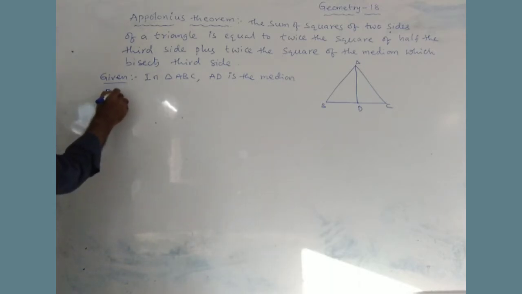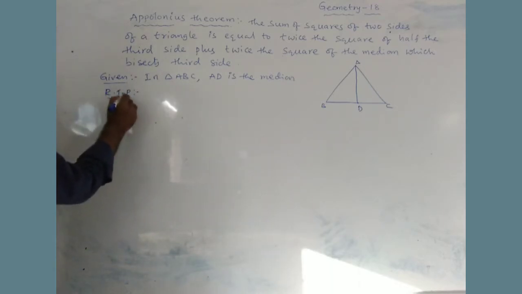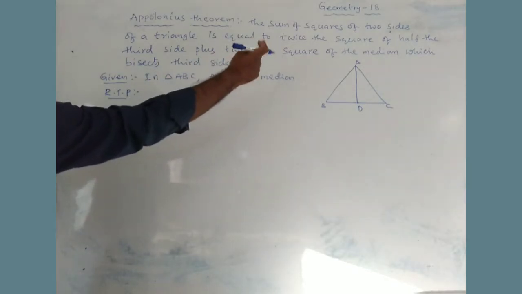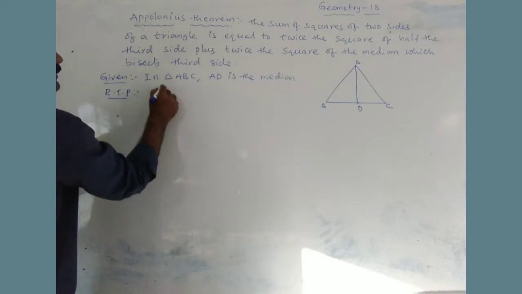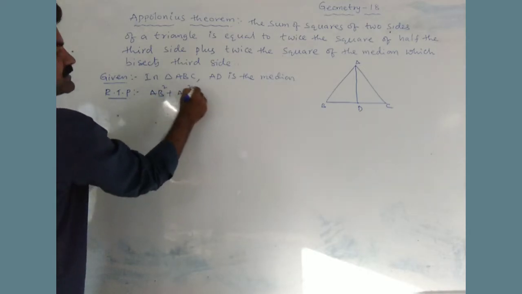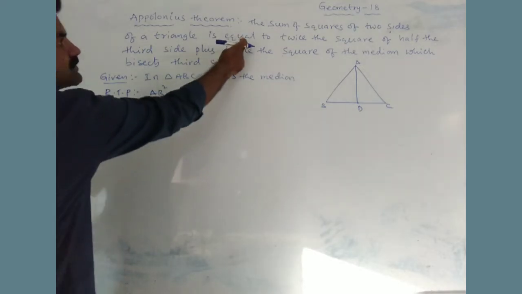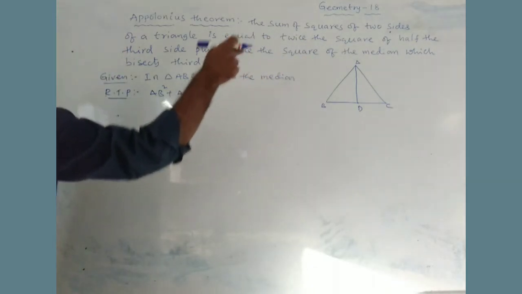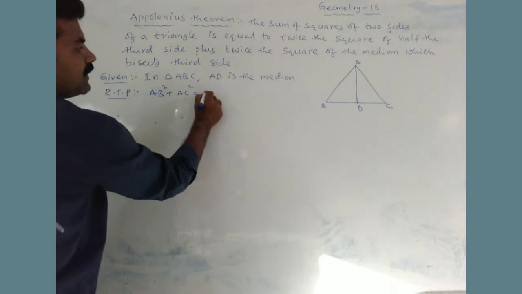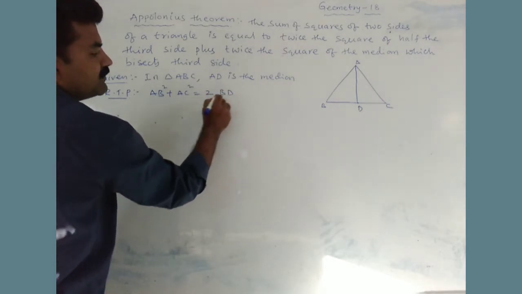And what we need to prove here? Sum of the squares of the two sides of a triangle, I mean AB square plus AC square, which is equal to twice the square of half of the third side. Half of the third side is BD, no?